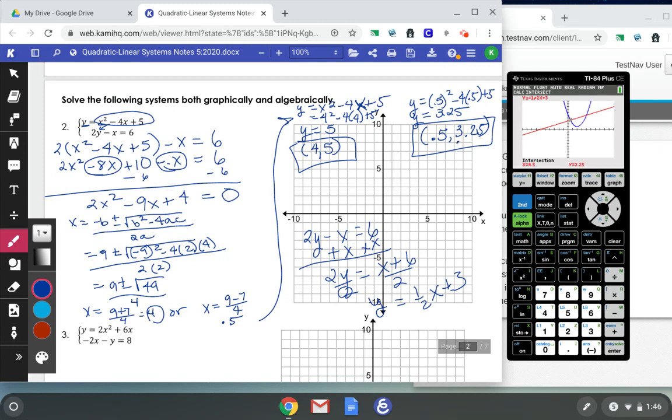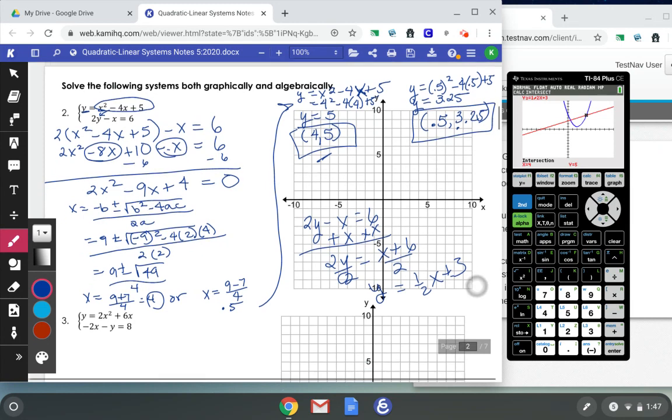So I know this one was correct. And I'm going to check the second point of intersection. So again, go down to intersect. I'm going to scroll over, enter. It's on the red line, enter, and I get the point 4, 5. So then again, I know this point is also correct. Okay.